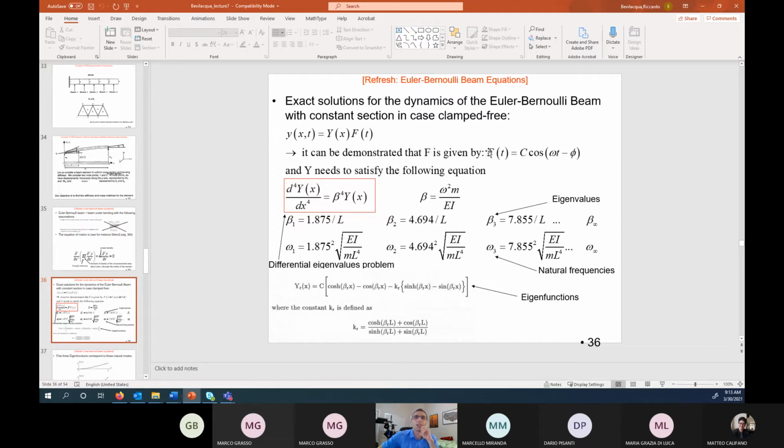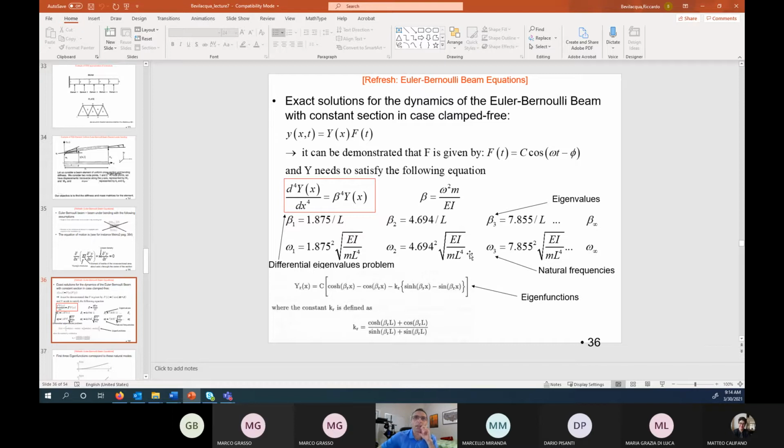You can demonstrate that f of t will look like what we've seen before, basically an amplitude and a cosine law with a phase, while y, the component of the solution that depends on position, has to satisfy this differential equation: the fourth derivative with respect to x is some beta to the fourth times y of x.